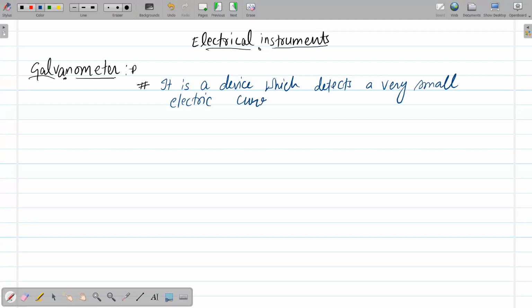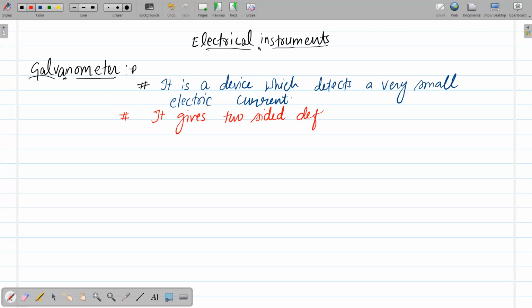Students, I'm not saying that it measures current. No, I'm saying it detects. Means it just tells us whether there is some current flowing in the circuit or not. It gives two-sided deflection. Basic things we are supposed to know right now.